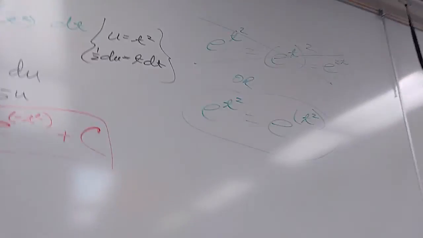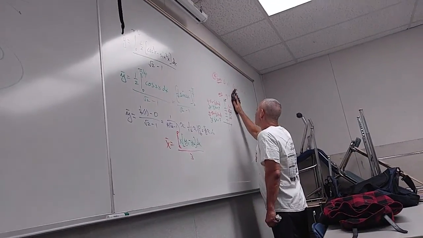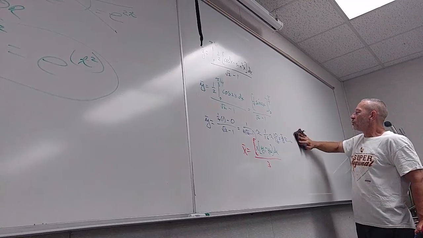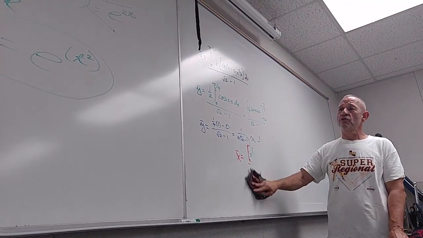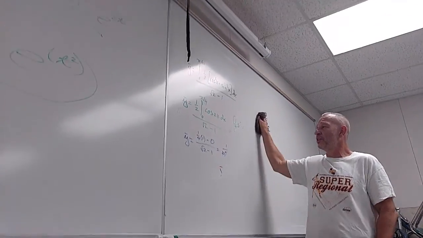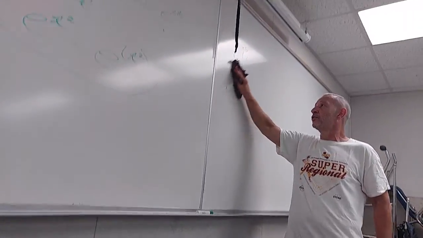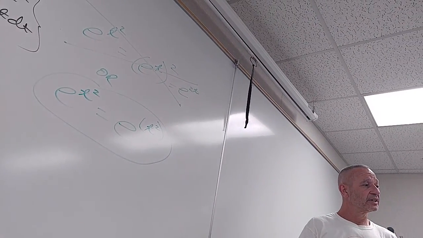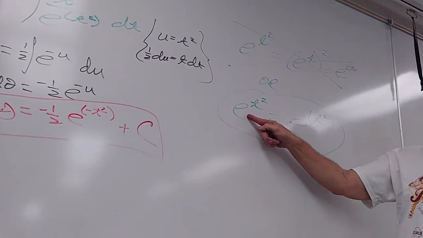Why do we choose e to the t squared like that? Here's the real reason: exponents work right to left. This is working on e.